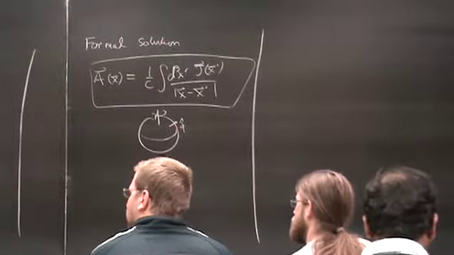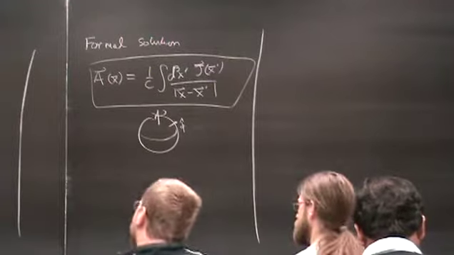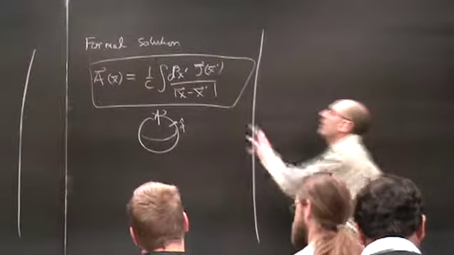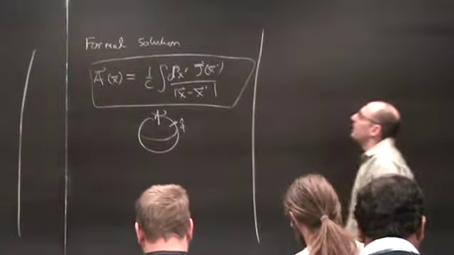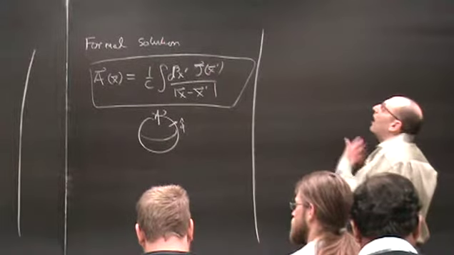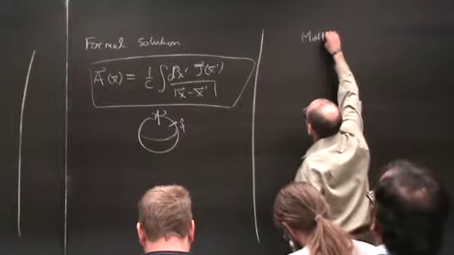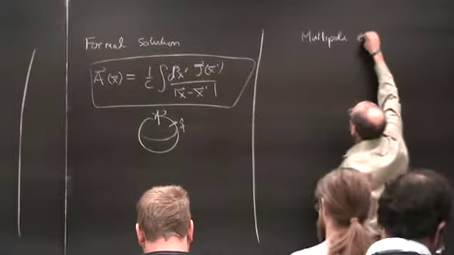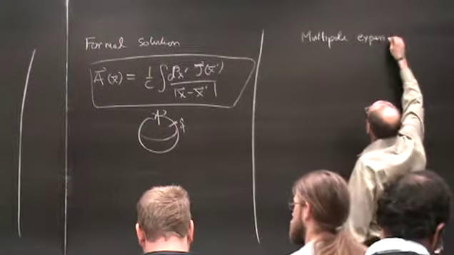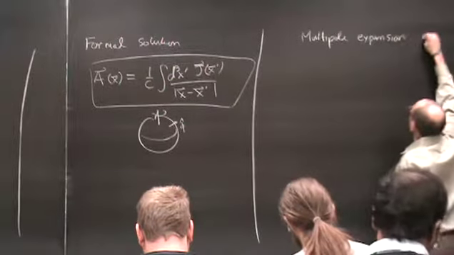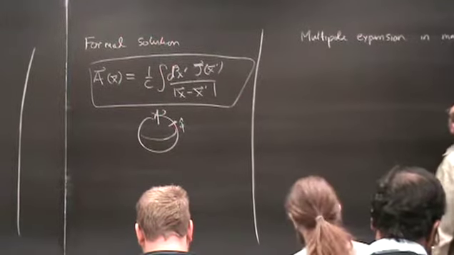All right. So, given that generally the exact solutions are hard, we need approximation methods. In particular, we're going to look at the multipole expansion in magnetostatics.